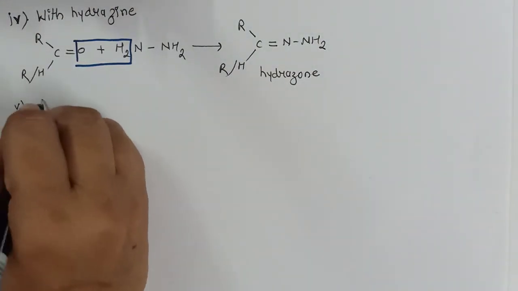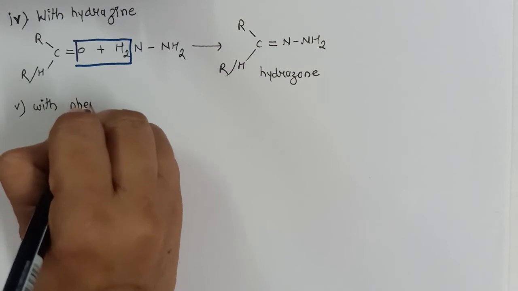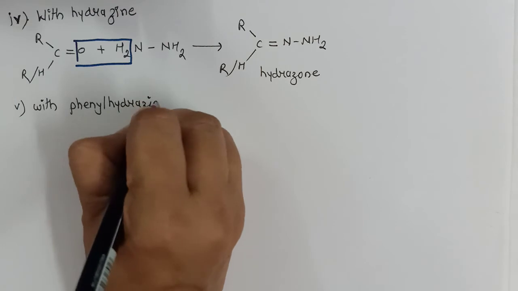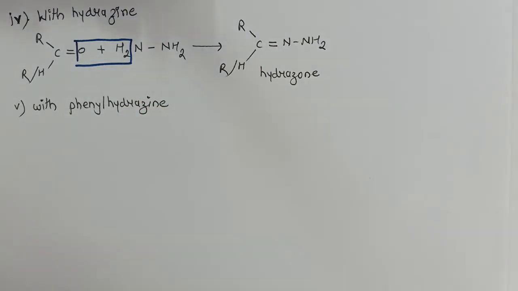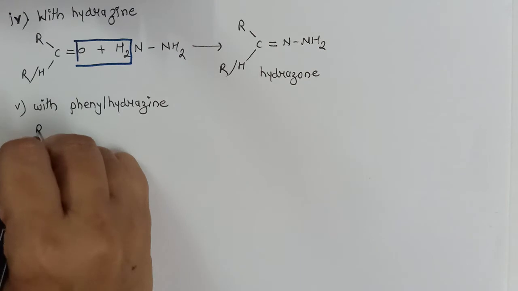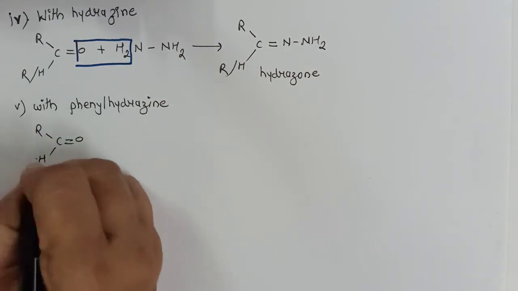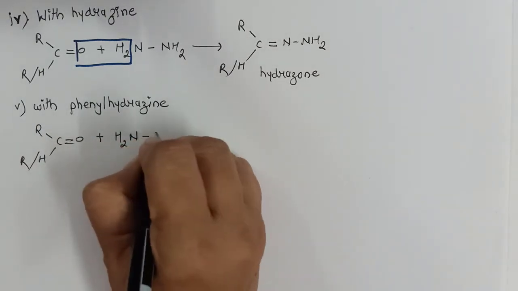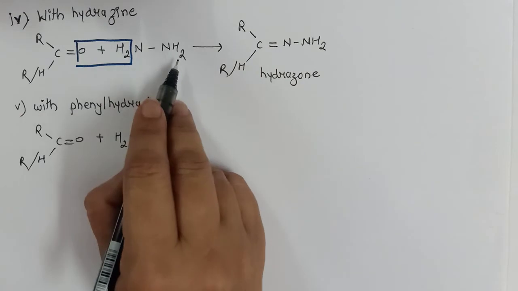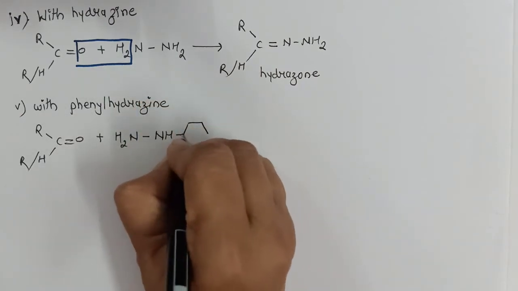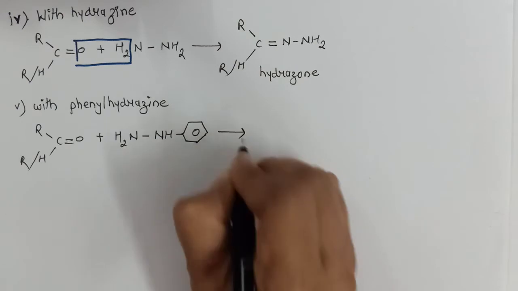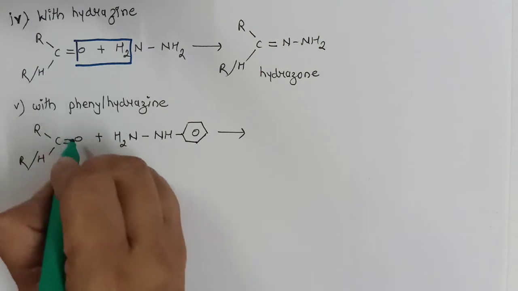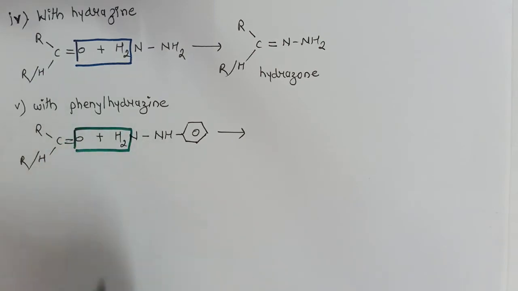Next with phenylhydrazine. So aldehyde or ketone when treated with phenylhydrazine. Phenylhydrazine means from hydrazine one hydrogen will be replaced by phenyl group. It will result in formation of addition product, but only when there is a loss of water molecule.